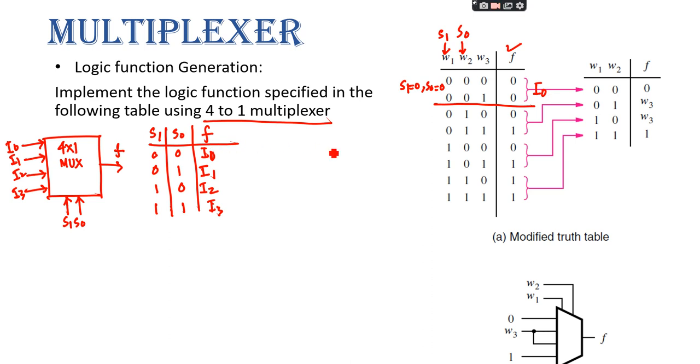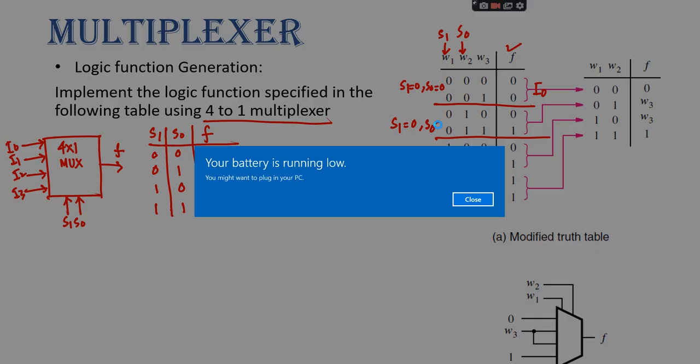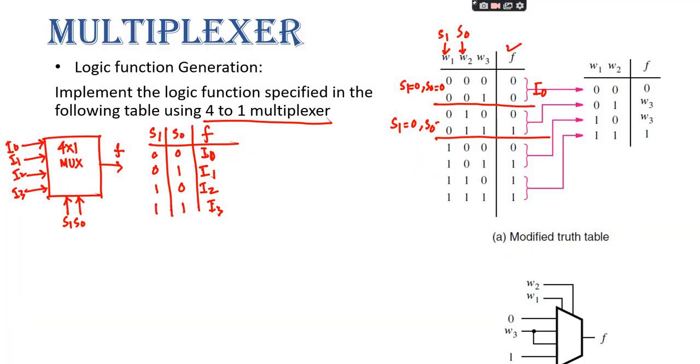Again, if we divide it, for these two S1 should be 0 and S0 should be 1.